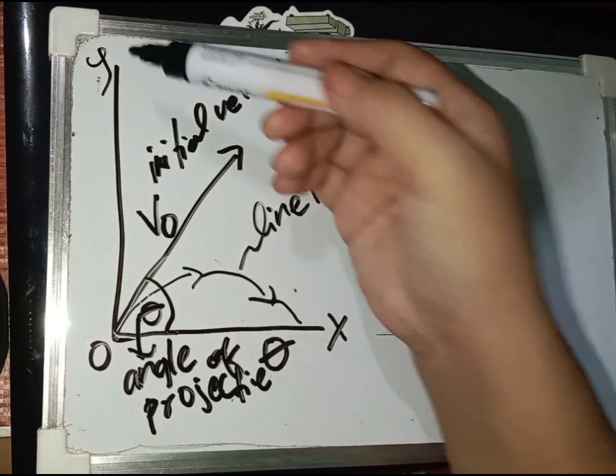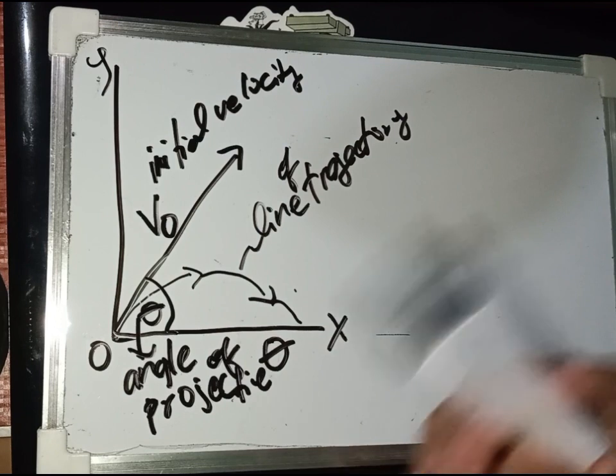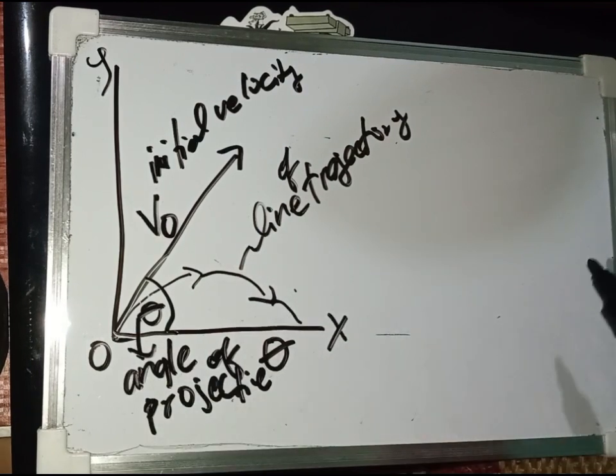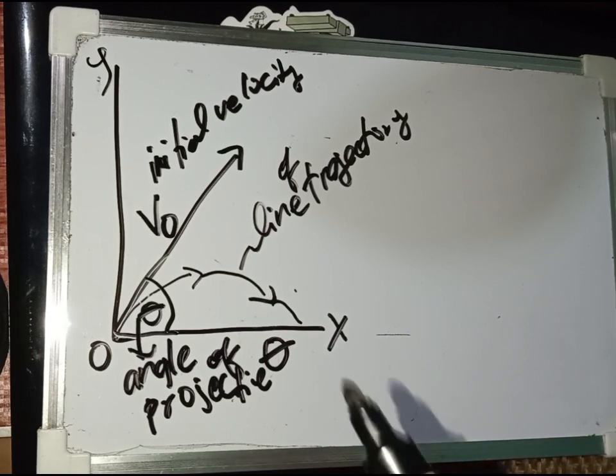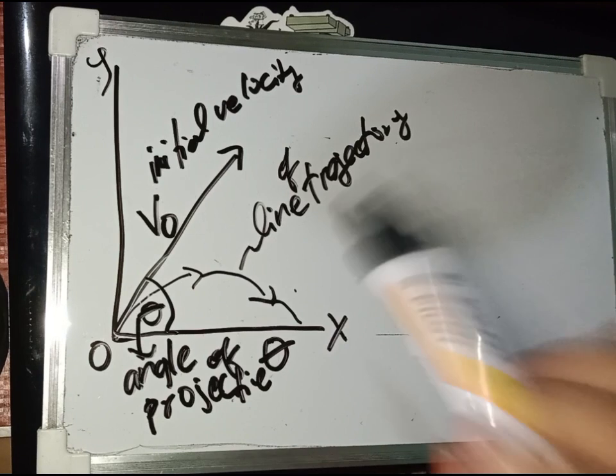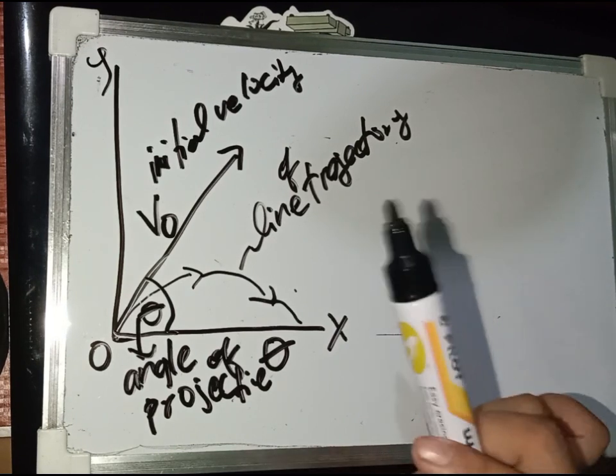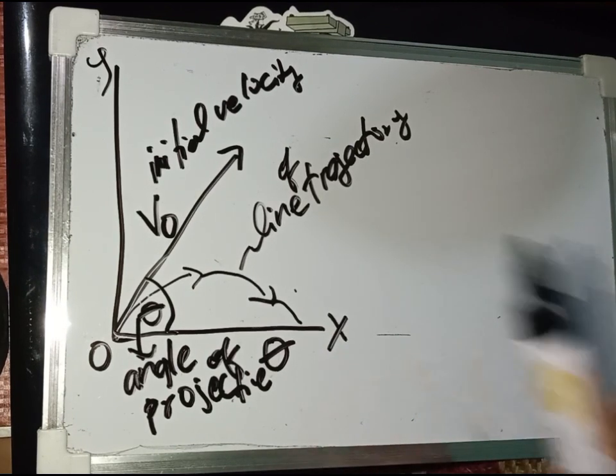So we know that the y component of a projectile motion and the x component of this one are independent of each other. You have to take note that the most important concept in projectile motion is that when air resistance is ignored, the horizontal and vertical motions are always independent because the object or the particle is only acted on by the force of gravity, without the influence of air resistance.